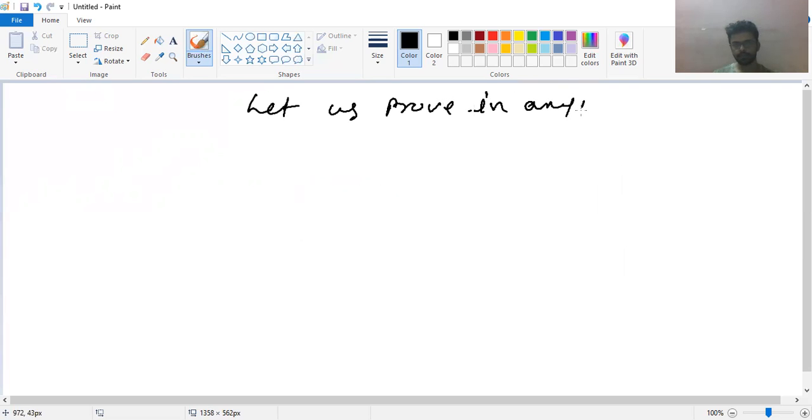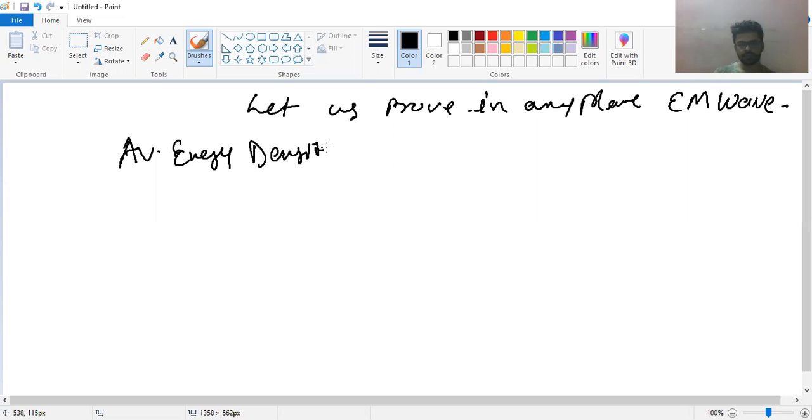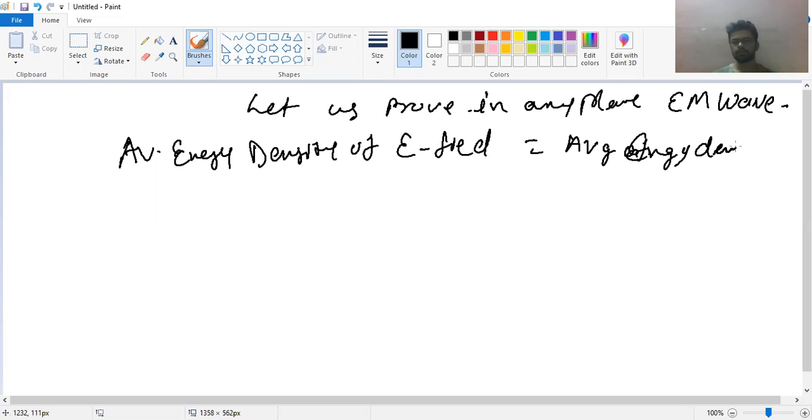In any plane electromagnetic wave, the average energy density of the electric field is equal to the average energy density of the magnetic field, right?